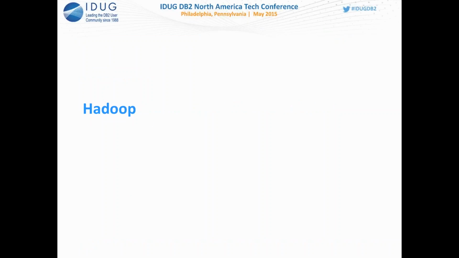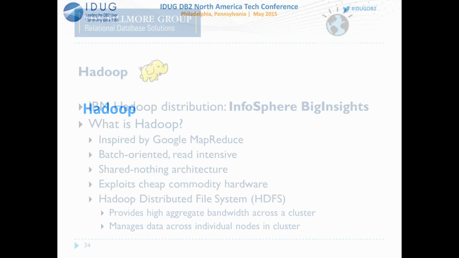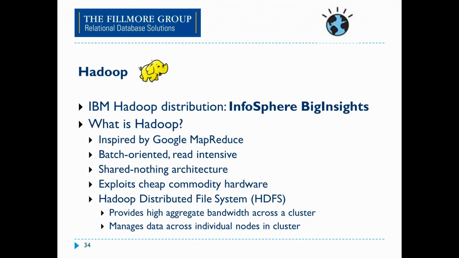So finally, Hadoop. Hadoop is an open source data management technology. It is in IBM's BigInsights distribution. InfoSphere BigInsights is IBM's distribution of open source Hadoop with a lot of other bells and whistles. It was originally inspired by Google's MapReduce technology.